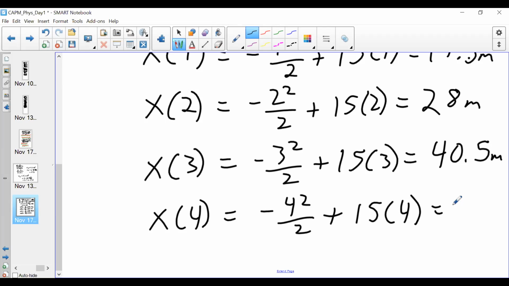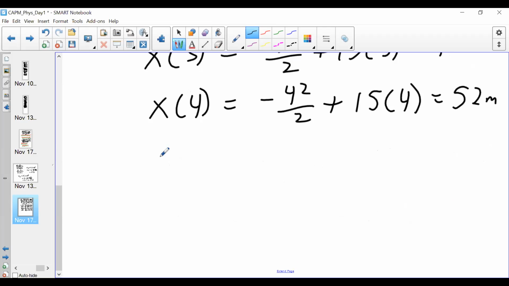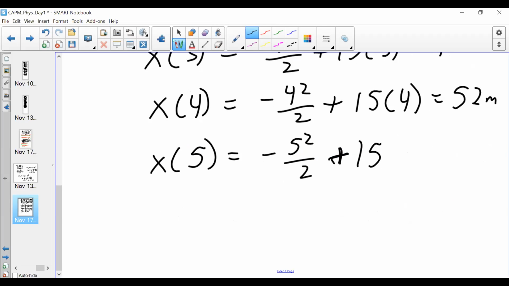That will give 52. And then when t is equal to 5, that's going to be negative 5 squared, 25, over 2 plus 15 times 5 equals 62.5.